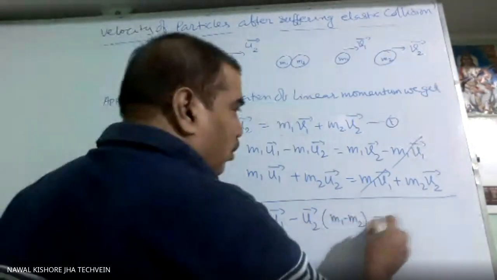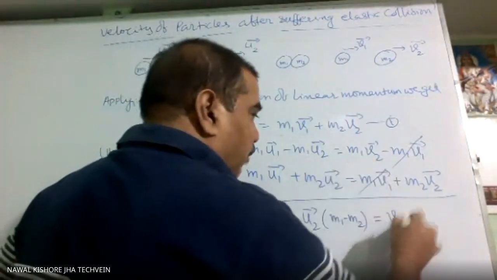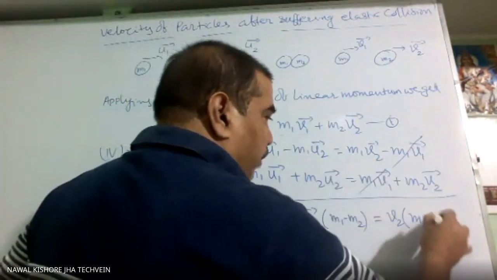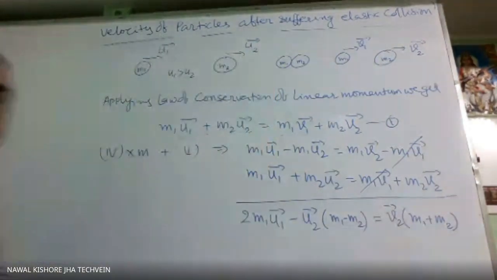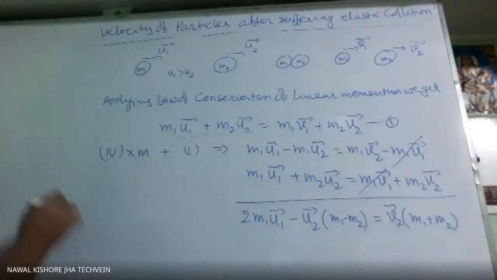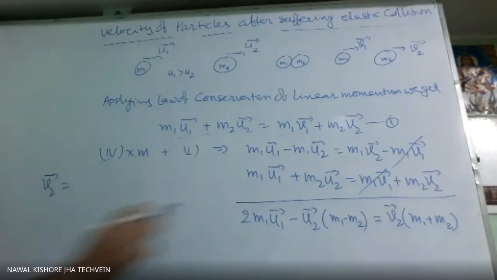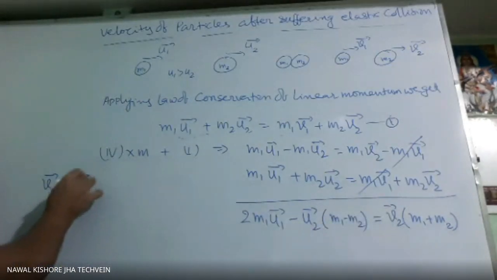You can give positive sign, you can give negative sign, no problem. And this is equal to how much? V2 we are taking common, then M1 plus M2. So what will we get? This V2 will be twice M1 by M1 plus M2.